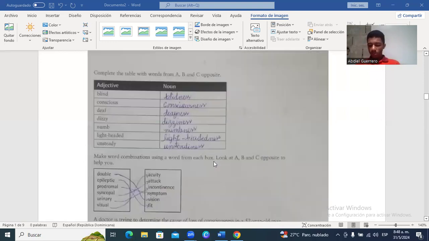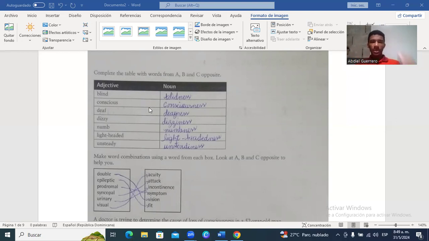Now we continue with Unit 26, the nervous system. Exercises of Unit 26, Nervous system 1. Complete the table with words from A, B, and C opposite.